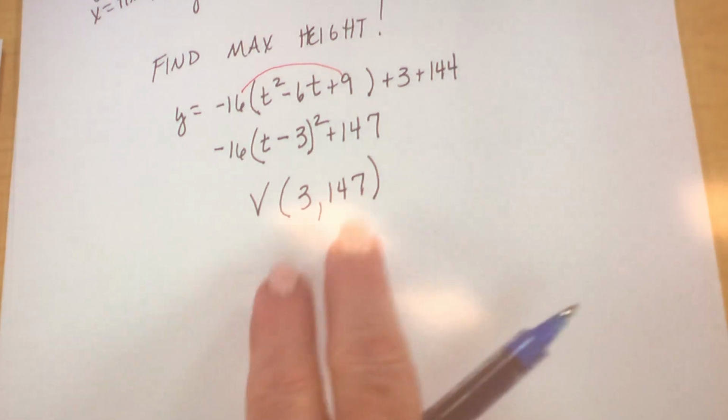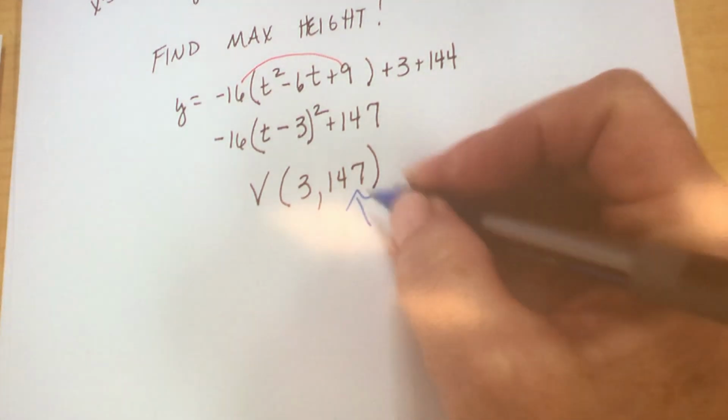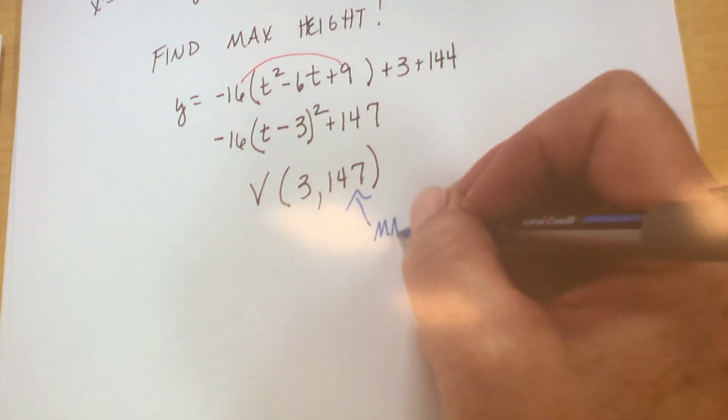So, tell me what this vertex means, because I didn't ask you anything about a vertex. That's the point on the... What? Okay, so tell me. That's exactly the highest, precise. What is? The height. Like the highest velocity. 3 is the time that it takes to get to... Oh, I like that. Okay, so this Y value, this is my maximum height. Do you agree?